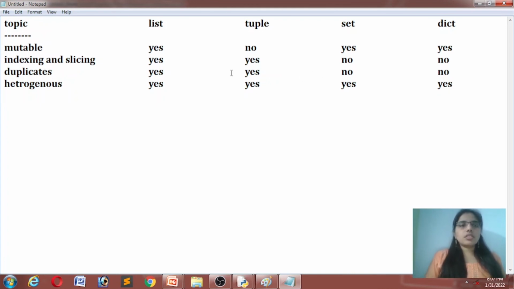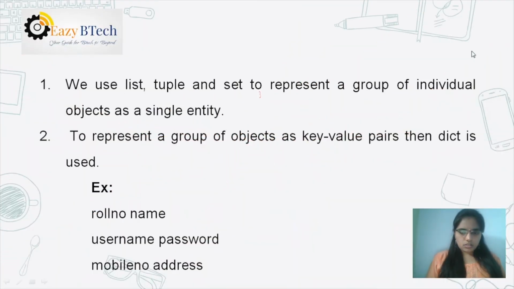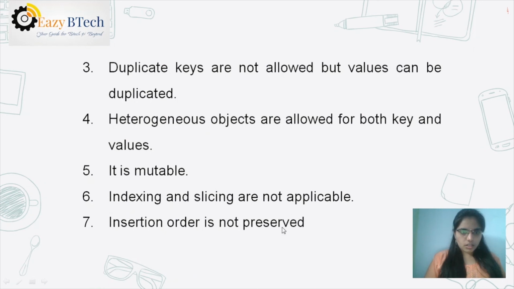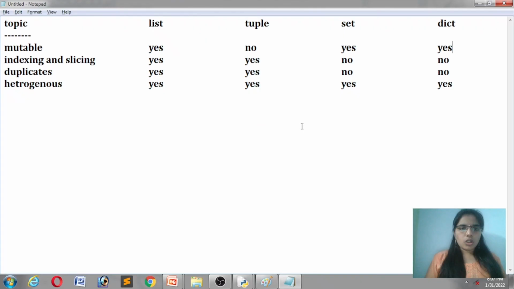So these are the differences between list, tuple, set and dict. So are you clear up to this? If any other difference is there, mutable, that's it. Okay. These are the differences between list, tuple, set and dict.